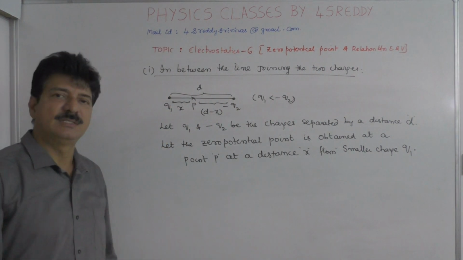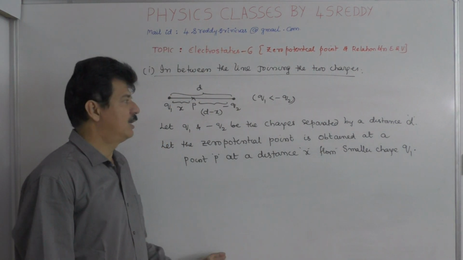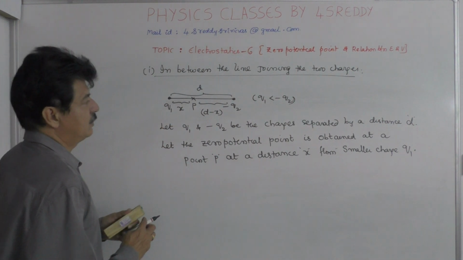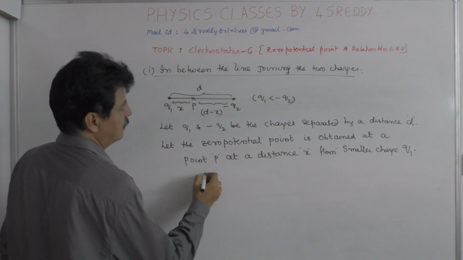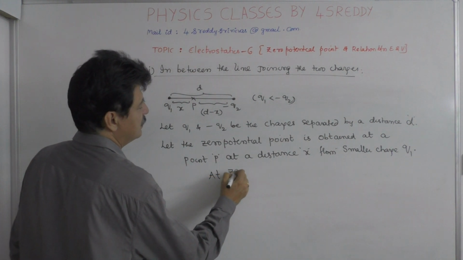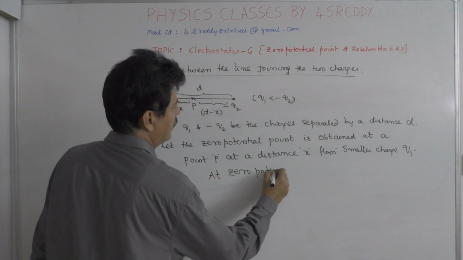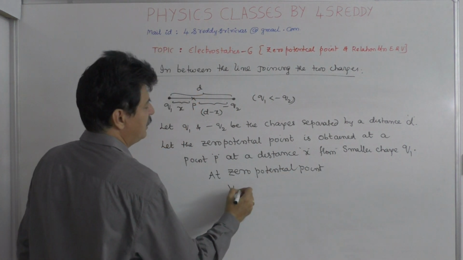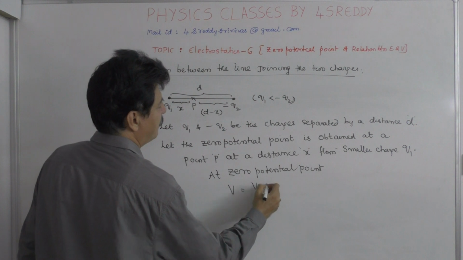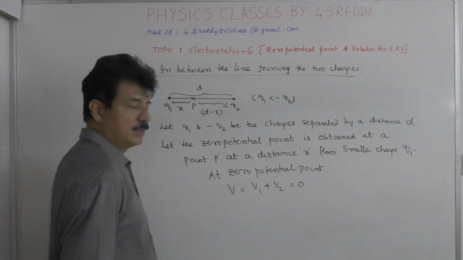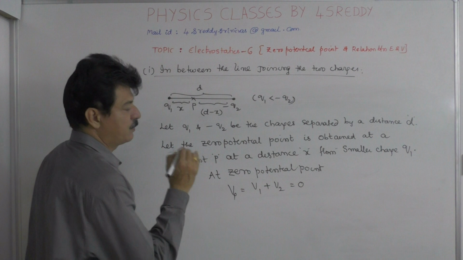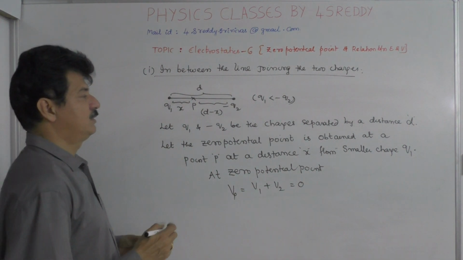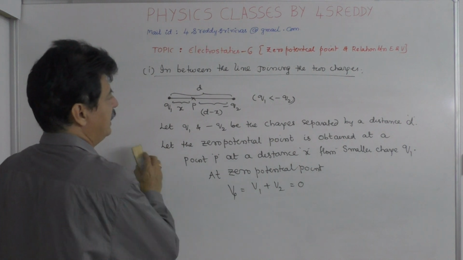This is what you are going to take. And once you have obtained this, the total potential at zero potential point, what you are going to get? V is equal to V1 plus V2, that must be equal to 0. That is, the total potential at point P is 0.